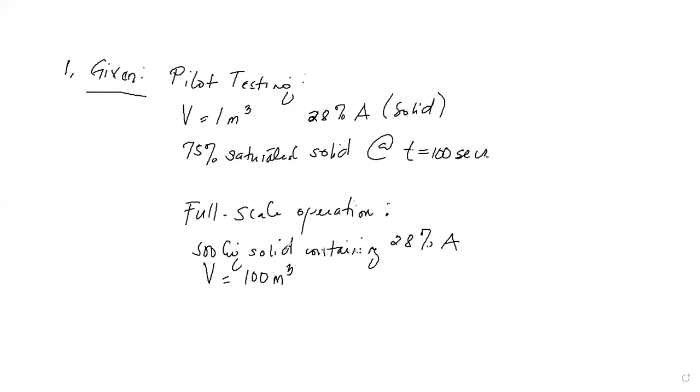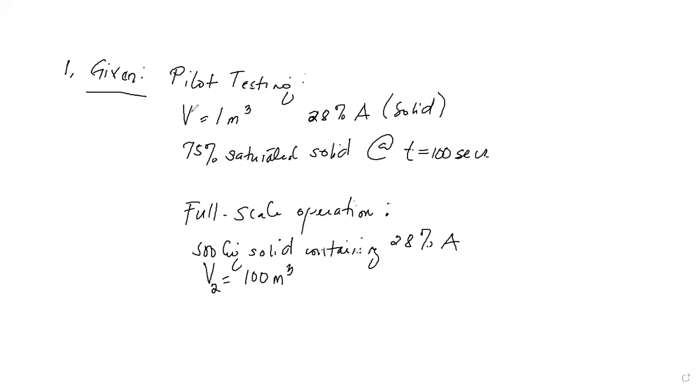But in full scale operation, the 100 cubic meter here was really the water that was used in dissolving the solute. So this is really your solvent. I like to label this as 2 because that's how we label the solvent. This one is the volume of the equipment or of the vessel.